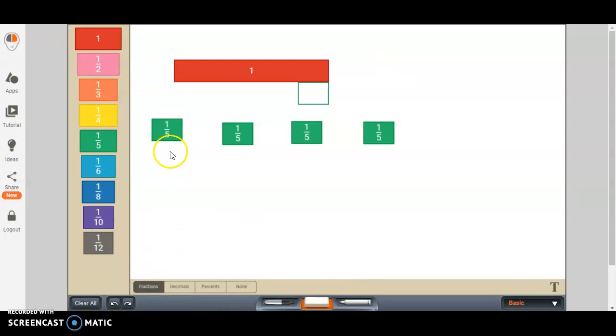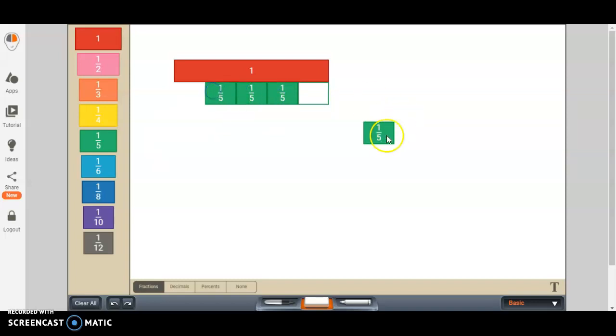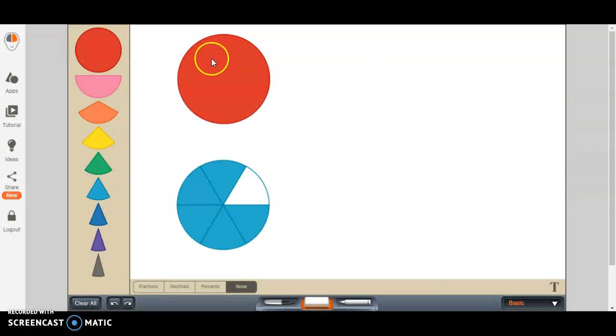Now, let's see if we can think about this with a different problem. So here again, I have a whole number. Now, I want you to look at this. How many pieces make a whole? How many pieces do we have?